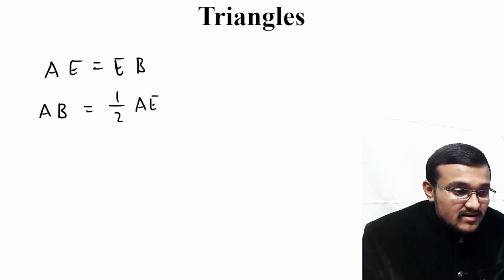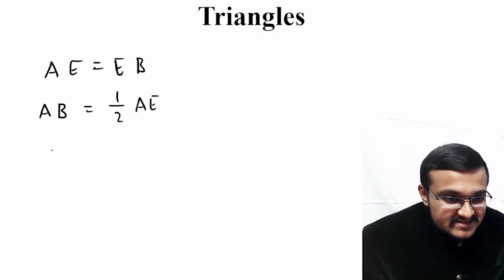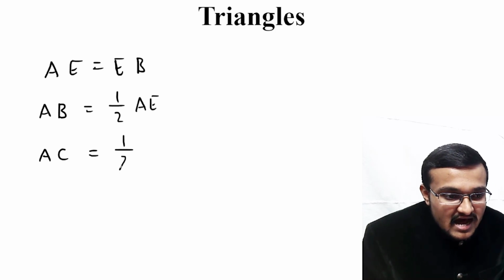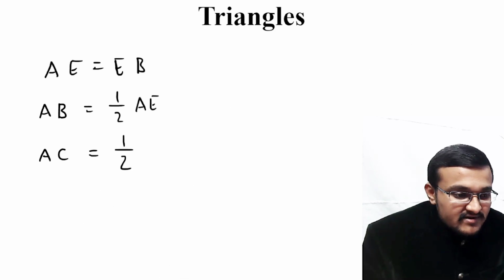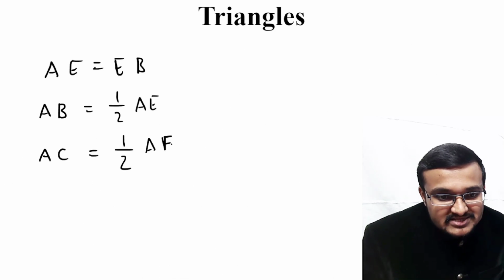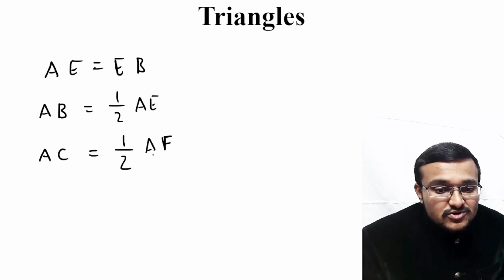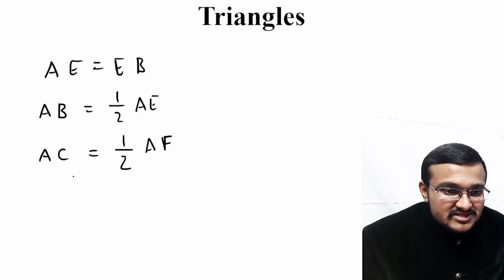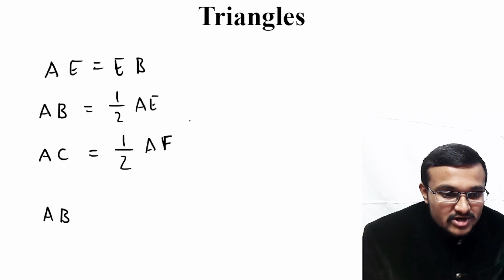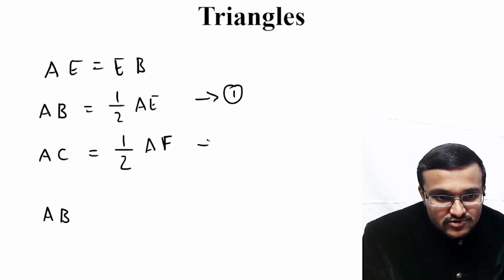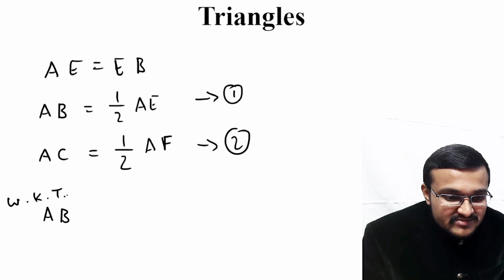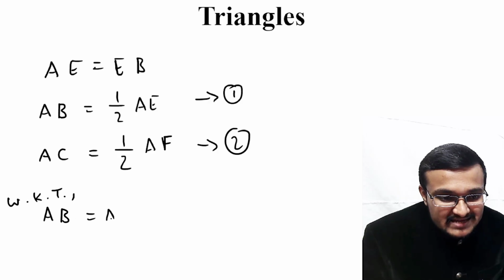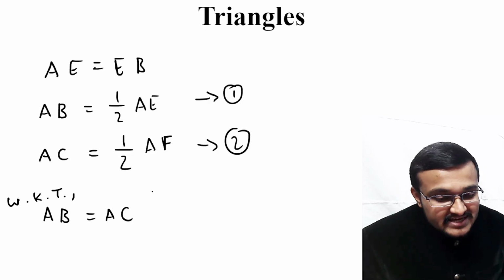Similarly, F is the midpoint of AC, so AC you can write as half AF. So AB is equal to half AE, AC is equal to half AF. Now if you call this equation 1 and this equation 2, we know that AB is equal to AC, which is already given.